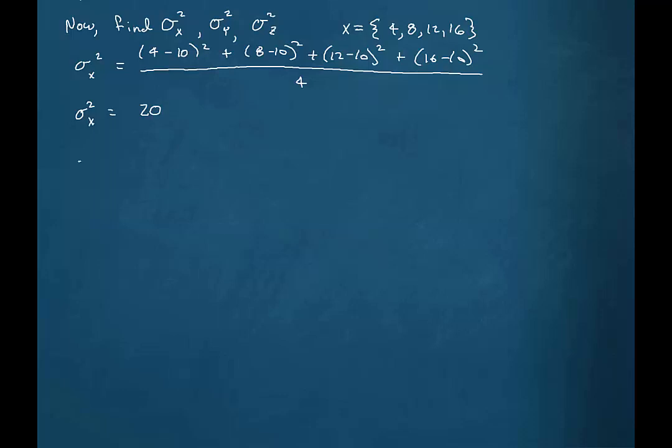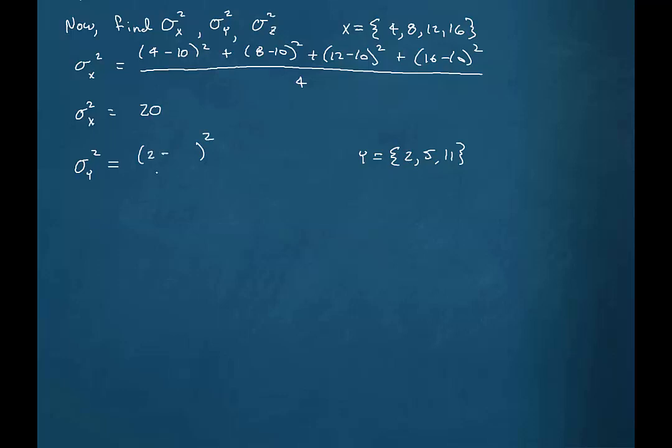Now let's do the same thing for y. Okay, let's remind ourselves that set y then was the values 2, 5, and 11. So again, we're going to find the differences in these values and their mean.